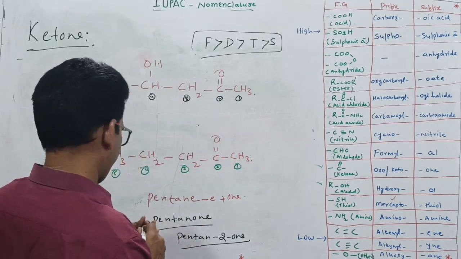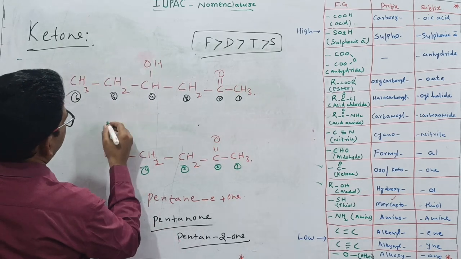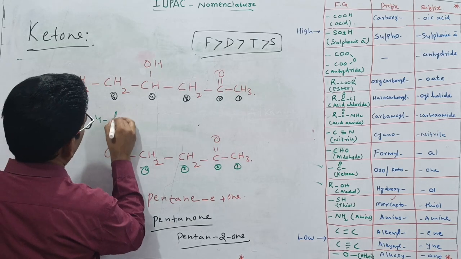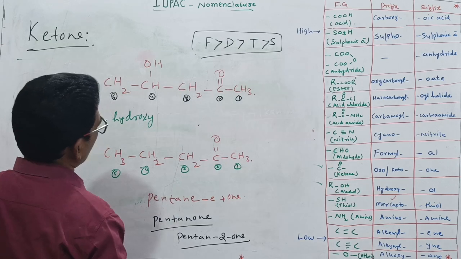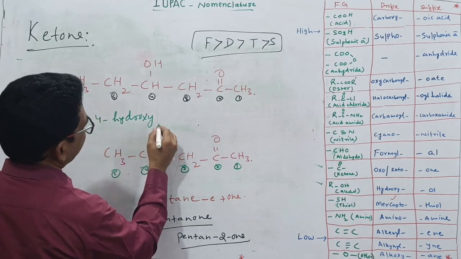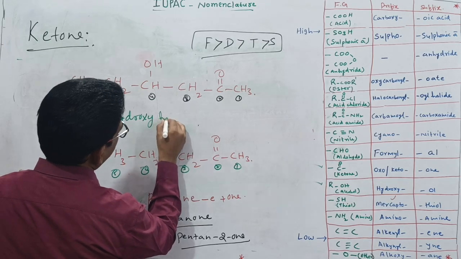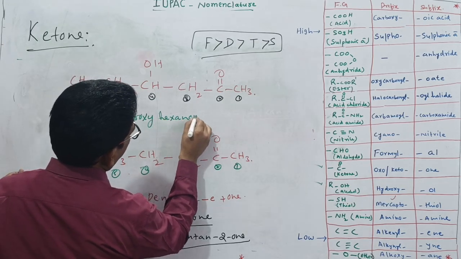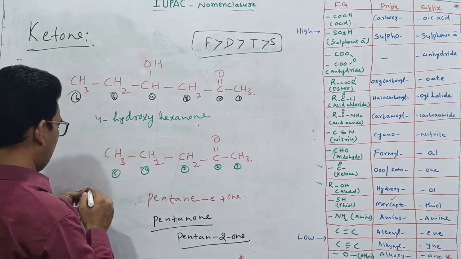First we write the prefix, which position the hydroxy is at: 4-hydroxy. What is the word root? How many carbons are there? 6, that's why hexanone, hexane minus e plus on.